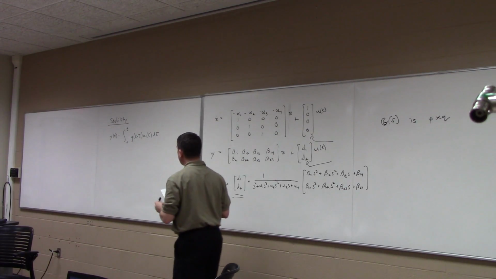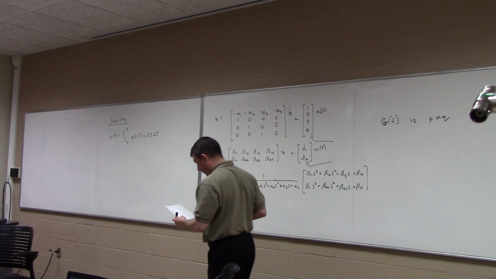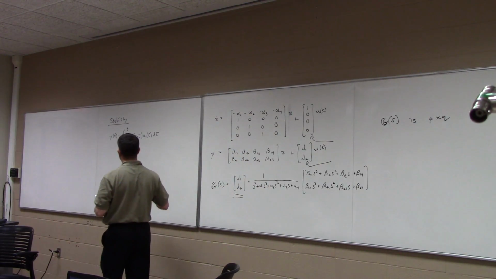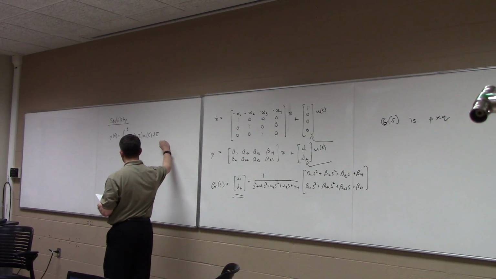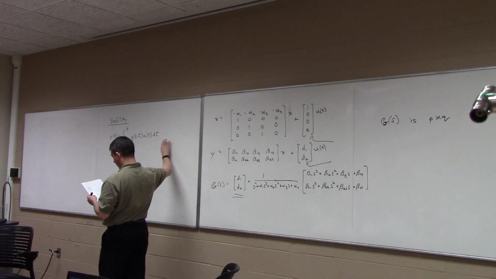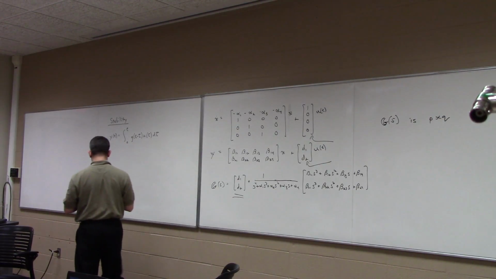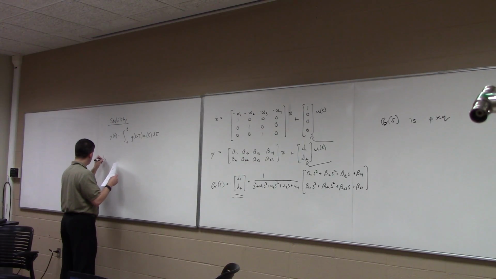Okay, so we want to talk a little bit about stability. So given the output of a system due to any input, this is your convolution integral, of a causal LTI system. So linear time invariant causal system.